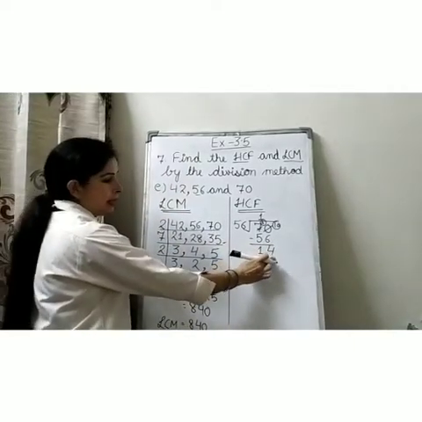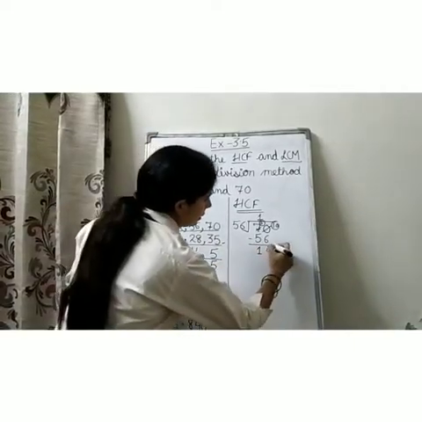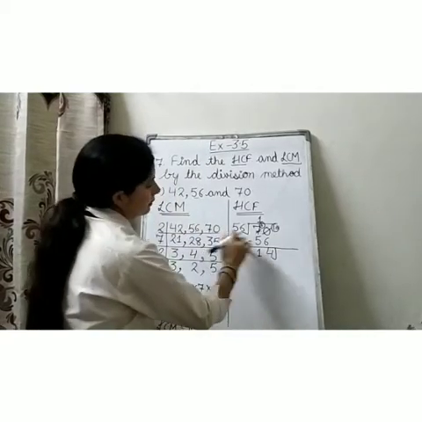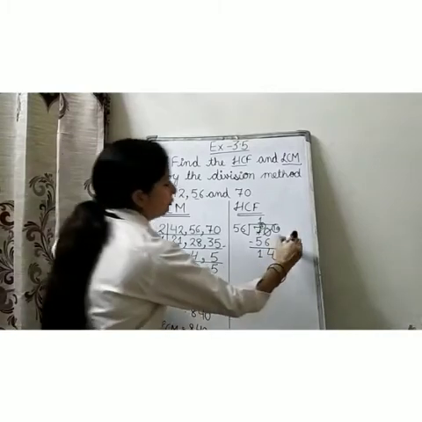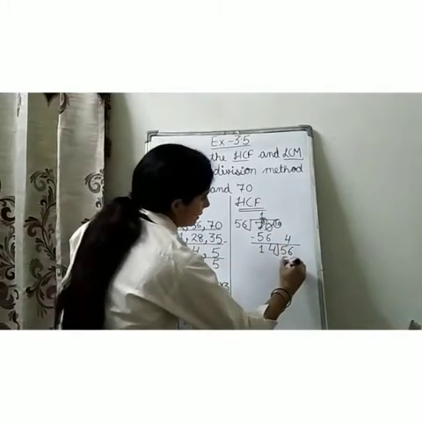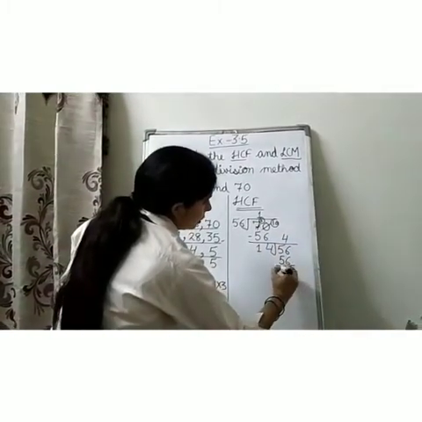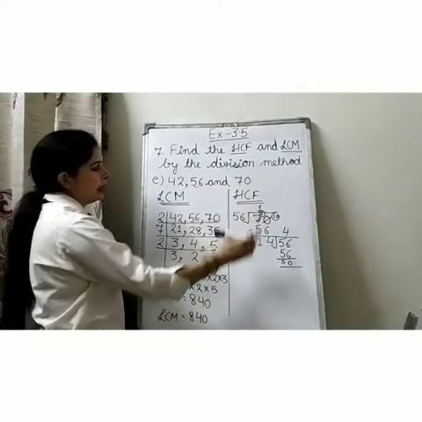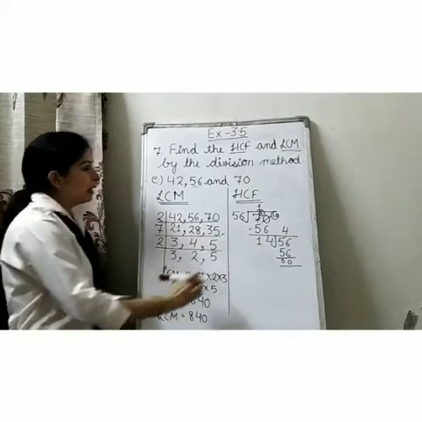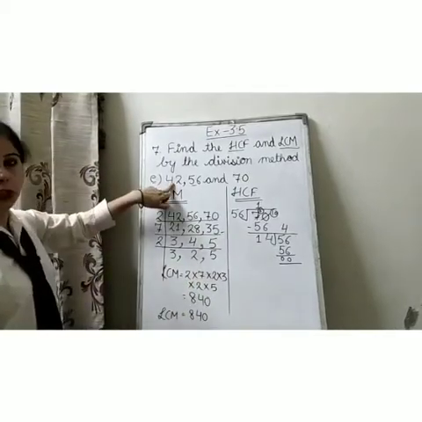Now this remainder becomes the divisor and this divisor becomes the dividend. 14 4s are 56. So the HCF of 56 and 70 is 14. But we have to take the HCF of 42 also.